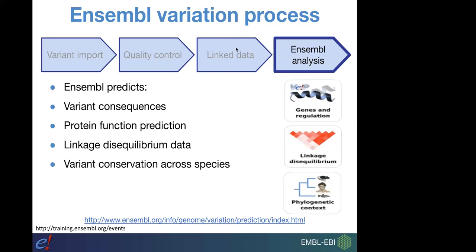Okay, thank you, guys. So the last step is Ensembl analysis. This is where we apply our own analysis. Ensembl predicts variant consequences. So we look to see the effect of the variant upon the gene, protein function prediction, whether a variant will be deleterious for a particular protein, if it's affecting the coding sequence of a transcript, for example.